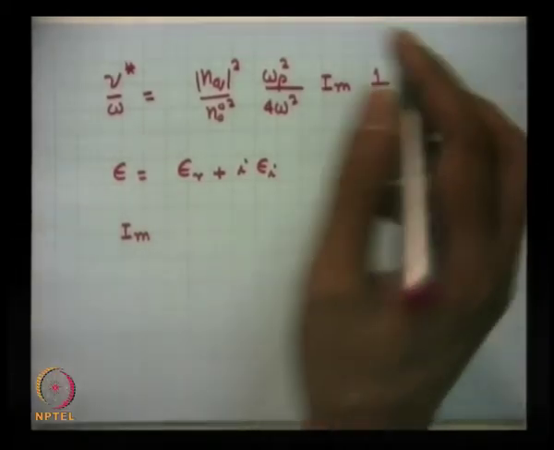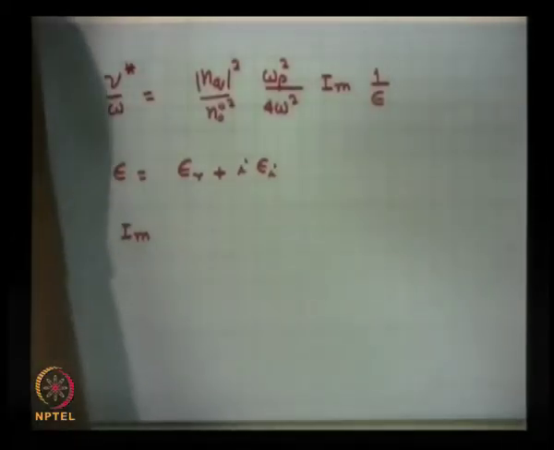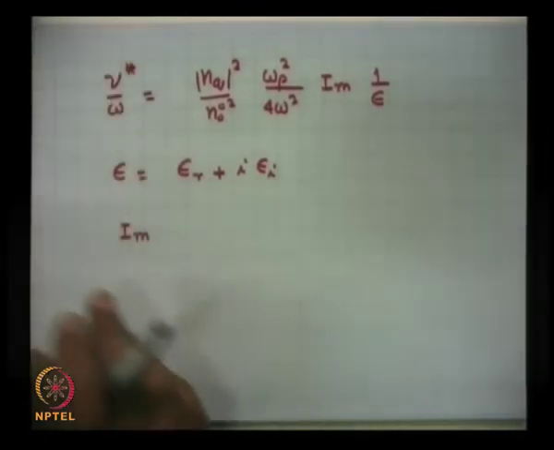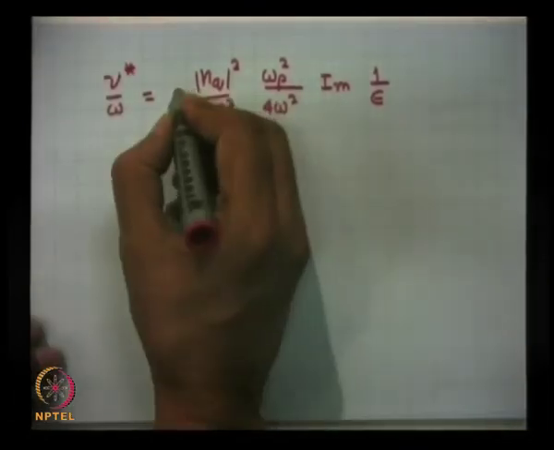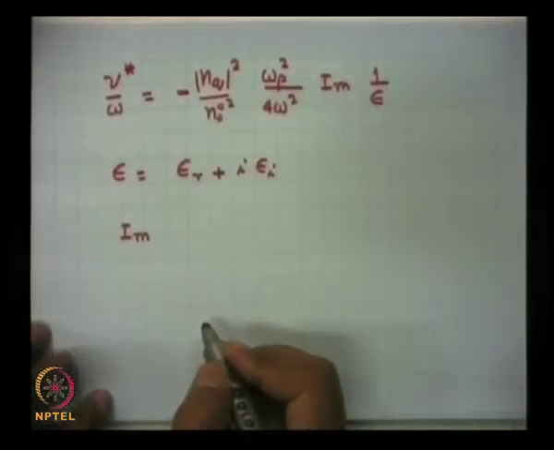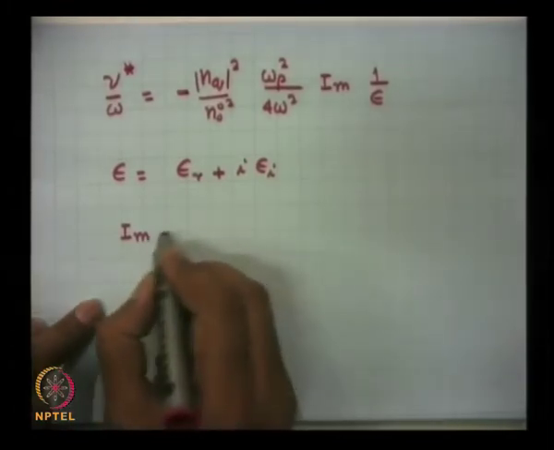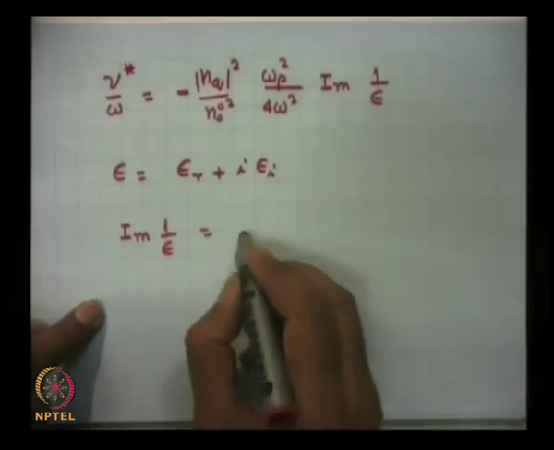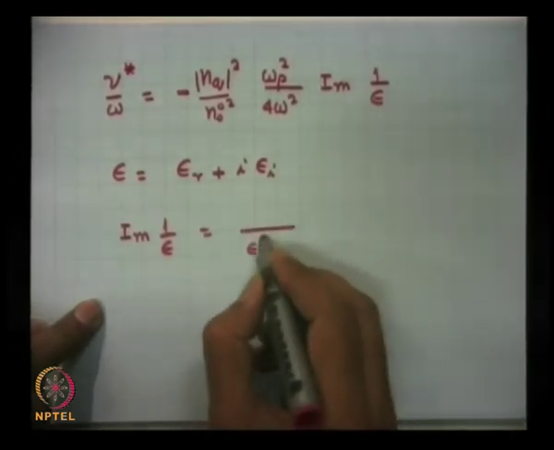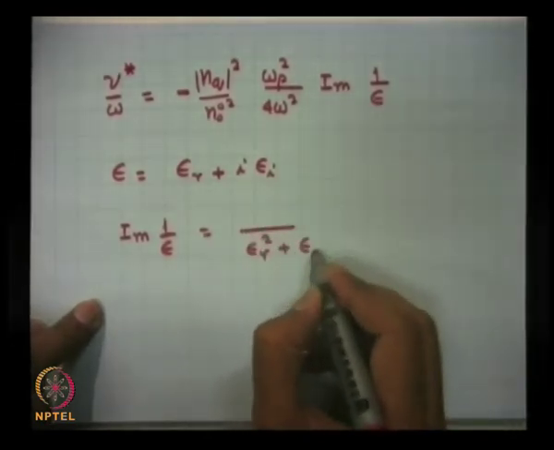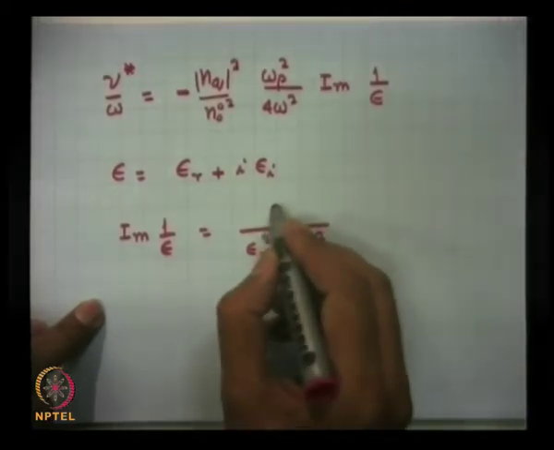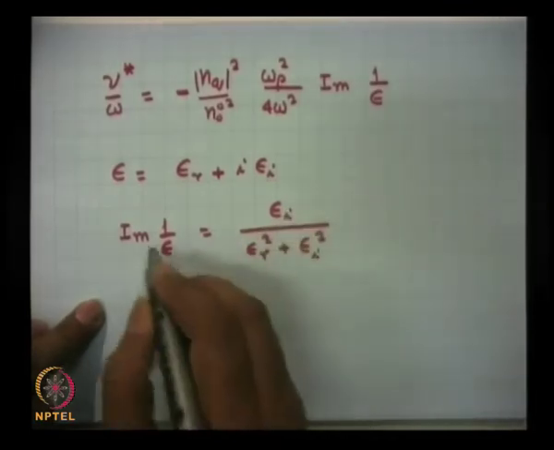Let me just check the expression for conductivity that I had derived earlier. It was minus, this is effective, this is minus. So, imaginary part of 1 upon epsilon is, rationalize this, epsilon r square plus epsilon I square, and epsilon I will come with a negative sign.